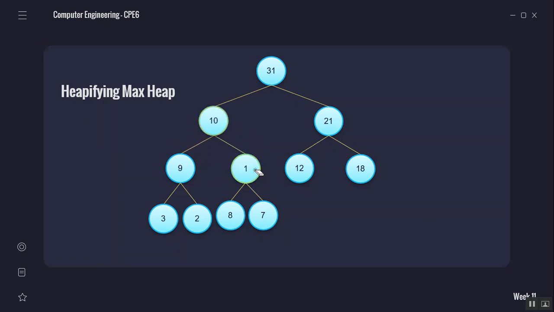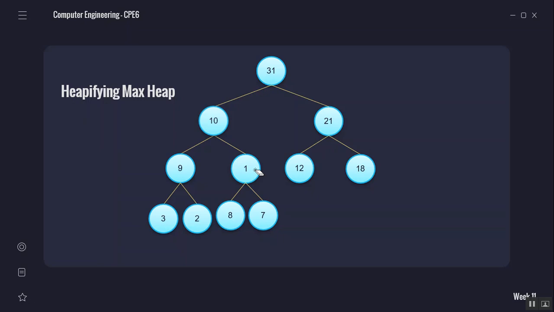And then we need to continue this process until we reach the height of the tree that 1 belongs to. Now we have already swapped 10 and 1. Let's move on to the next. We need to check again the children of node 1 and see which one of the two has the highest value.